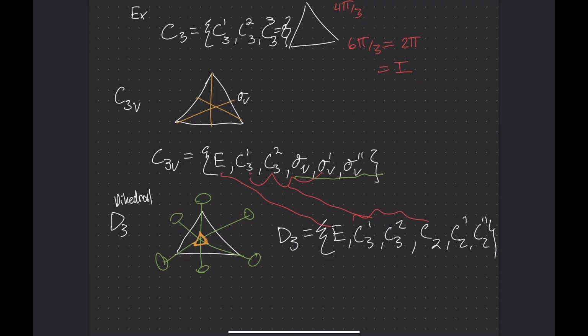I should color code this the way that I had it down. These sigmas here correspond with the twofold rotations. So that's the definition of isomorphism and why these two symmetry groups are isomorphic to each other.